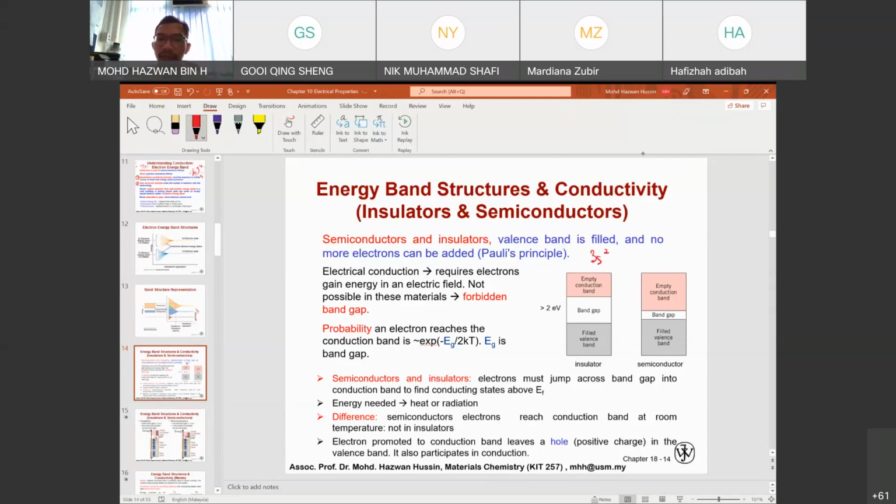Then it's already been filled. So no more electron can be added. Okay, as I said, this actually depends on the number of electrons that the atoms have. Electrical conduction requires electrons to gain energy in an electric field. Okay, conduction can only occur if the atom or the element receives energy from outside, from an electrical field.